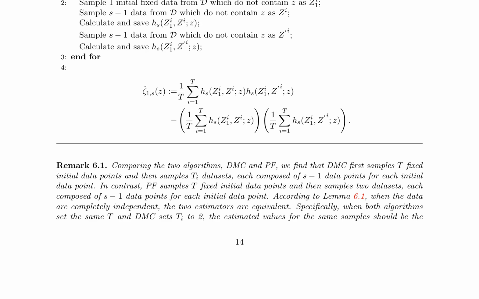According to Lemma 6.1, when the data are completely independent, the two estimators are equivalent, and the estimated values should be the same when both algorithms set the same T and the DMC estimator sets t to 2.